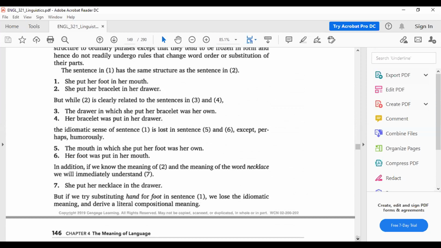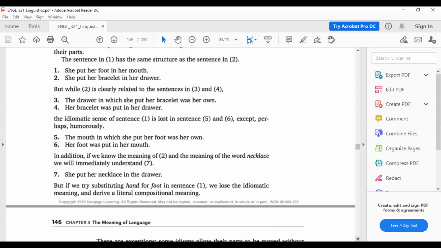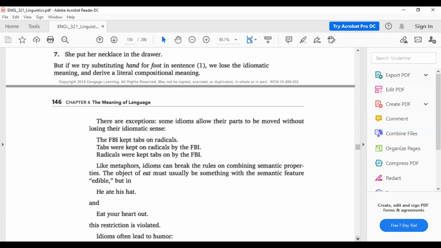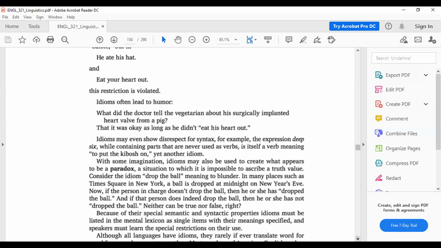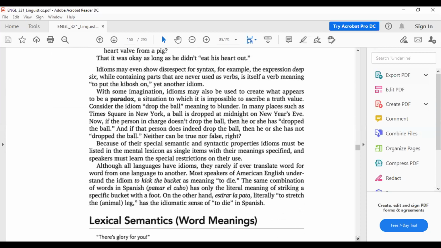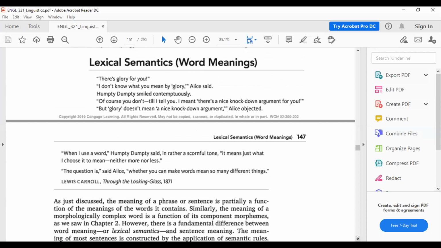You can't. Or sometimes you say, don't talk over the shoulders, or he ate his hat, or eat your heart out. We can't take them literally, and we should take them as an idiomatic expression to mean something else.